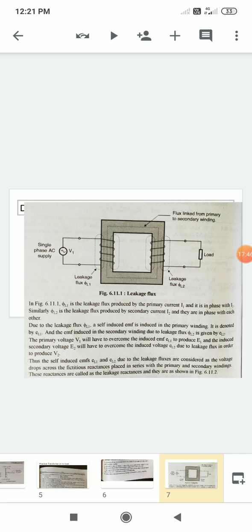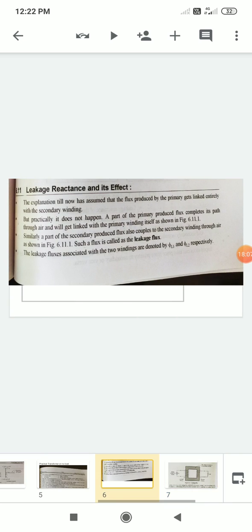So the leakage flux on the primary side will produce an induced EMF called EL1. In a similar way, the leakage flux on the other side will produce an induced EMF EL2. What will they cause? Ultimately there is a loss in the transformer. Both leakage fluxes cause the loss in the transformer.